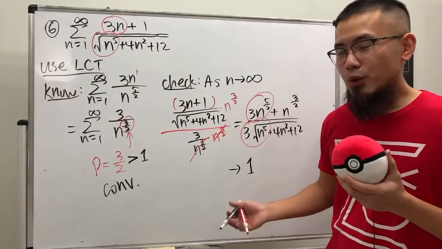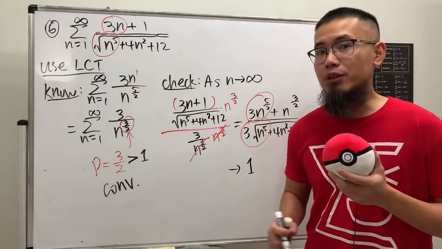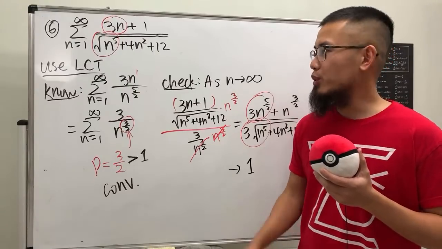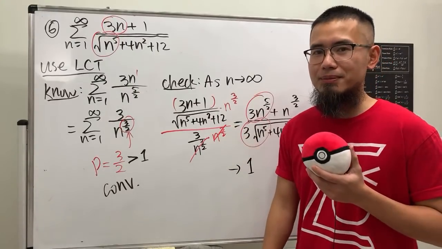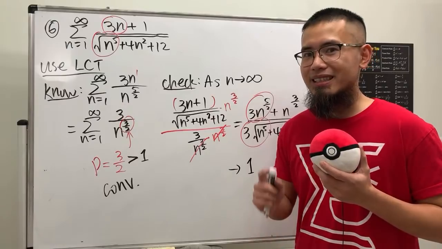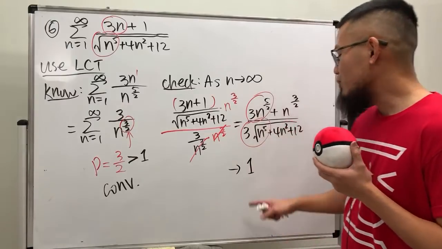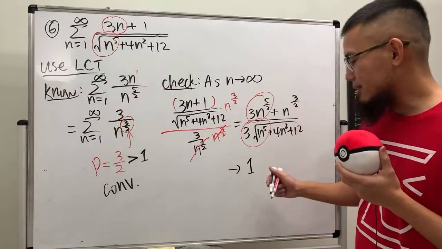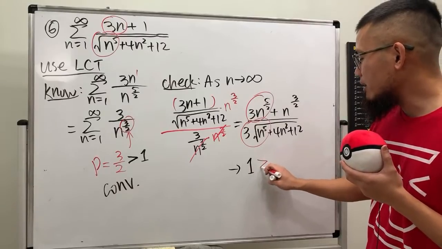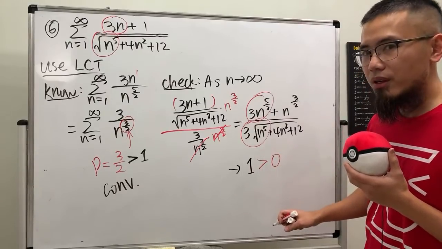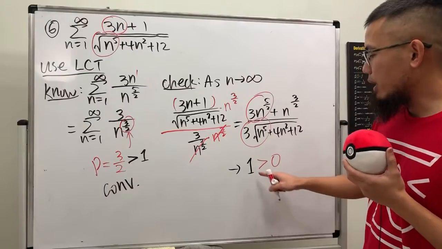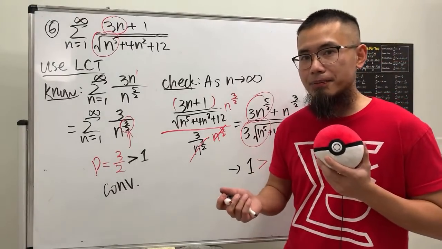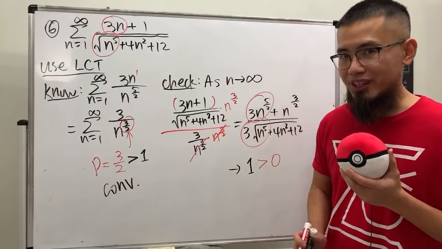And now, we end up with 1. Does the 1 do us any good when we are doing the limit comparison test? The answer is yes. But do not just tell me 1 is 1. Please say 1 is greater than 0. You see, 1 is greater than 0, and the 1 right here is finite, so we can actually draw a conclusion.